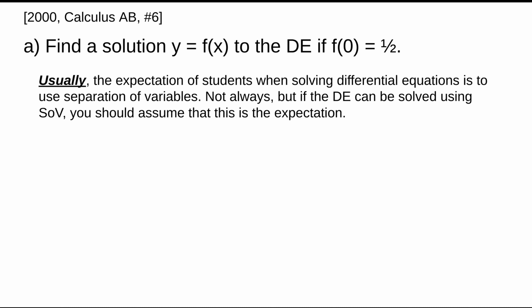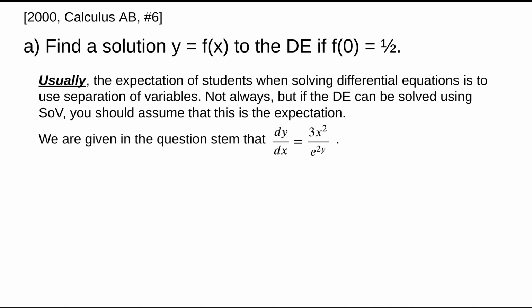So if you recognize that a differential equation could be solved using separation of variables, you should go ahead and use it. One, that's probably the expectation. Two, it may be the expectation in the scoring guide for this question, and not using separation of variables may end up costing you points. All right, so we're going to use separation of variables.